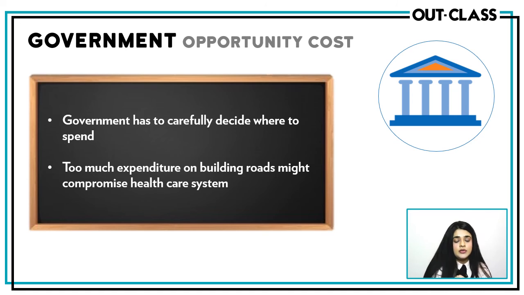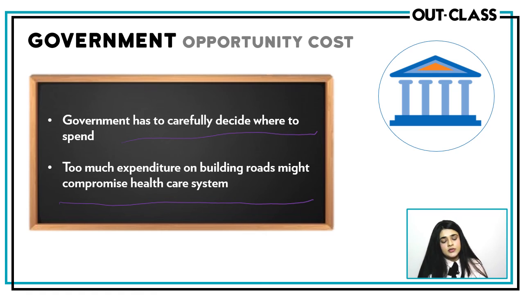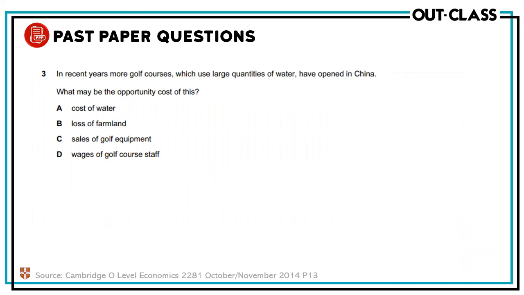So if you look at the screens, government has to decide where to spend, and too much expenditure, let's say on building roads, might compromise the healthcare system. So the government then has to decide what is more important, roads or healthcare system. So they're incurring an opportunity cost, and it's very important for governments to try and minimize their opportunity costs because obviously their decisions will then affect their entire country.